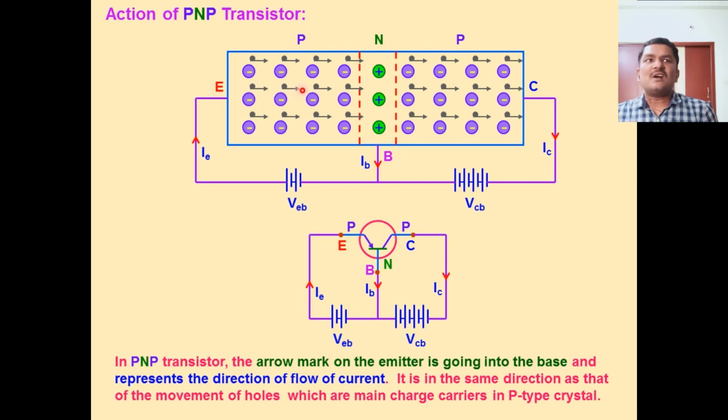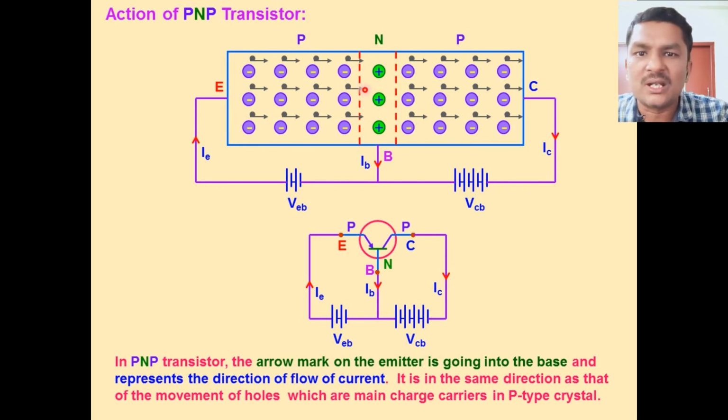So the forward bias of the emitter base circuit helps the movement of holes, which are majority charge carriers in the emitter region, and electrons, which are majority charge carriers in the base, towards the junction between the emitter and base. So this reduces the depletion layer. The width of the depletion layer decreases at the emitter base junction.